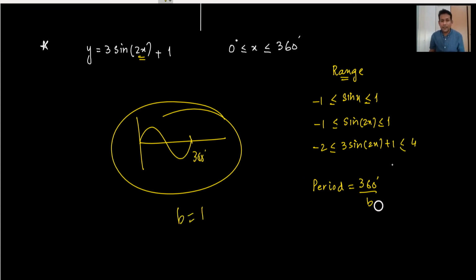But here the b is 2, so the period is 180 degrees. What does it mean? It means that when b is 2, in your sketch of 360 degrees, you will be having two curves.